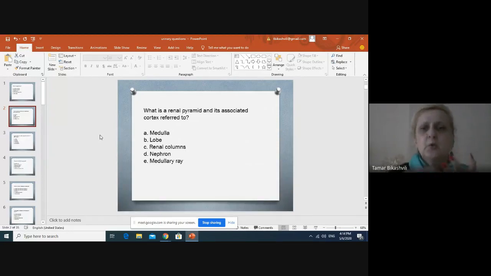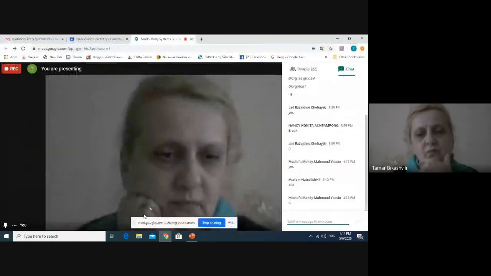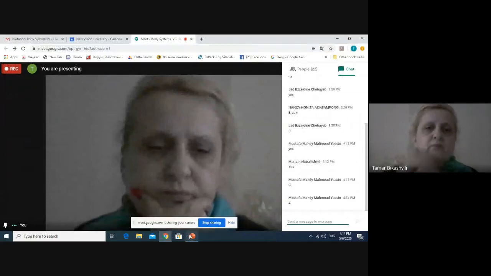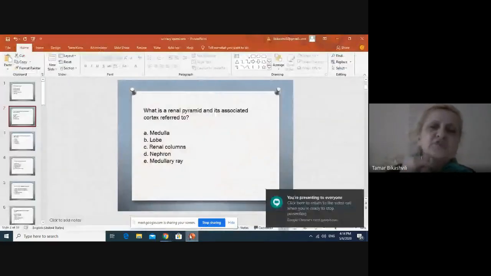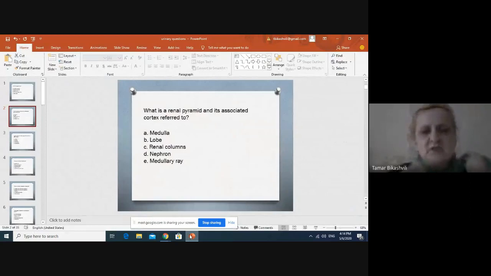Its medulla, lobe, renal columns, nephron, or medullary rays.